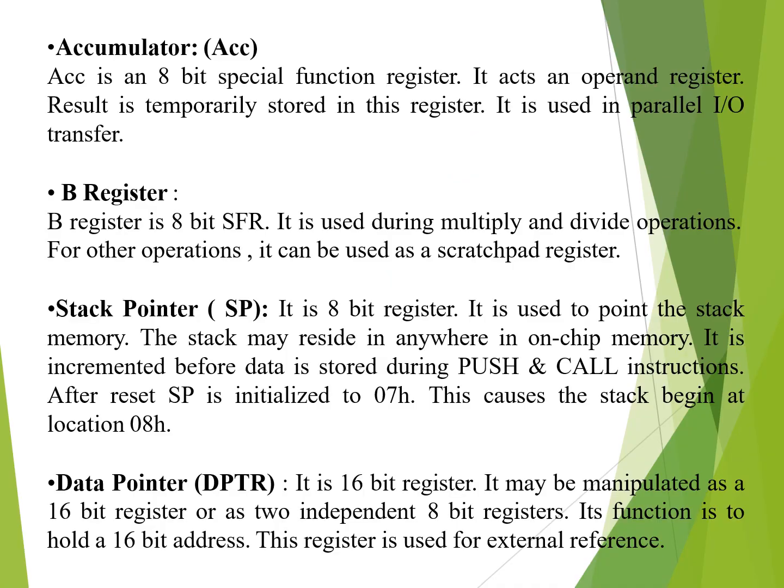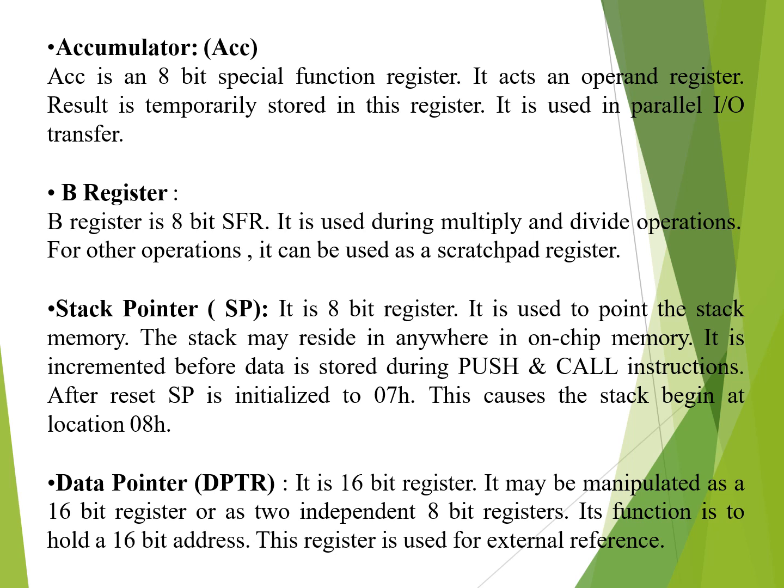So the first register is the accumulator. It can be simply called as A register. It is an 8-bit special function register which is going to act as an operand register. So the results are temporarily stored in this A register. The next register is B register, which is an 8-bit special function register.